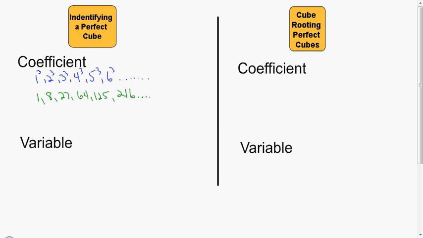Now, the variable rule that we want to be able to commit to memory and be able to apply with regard to identifying a perfect cube is a little different. It's going to strictly look at the exponent, and I'll just tell you what it is. The exponent has to be a multiple of 3.